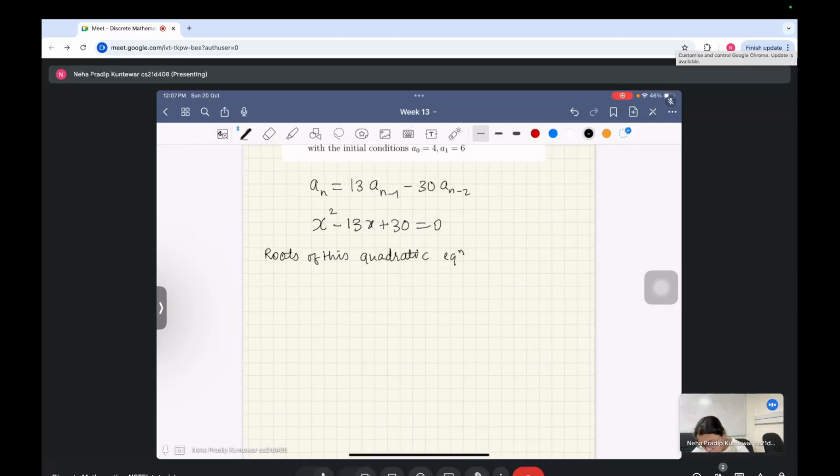So what are the roots? The roots are given by the quadratic formula, minus b plus or minus square root of b square minus 4ac, over 2a, and this is nothing but 169 minus 120 under the square root.